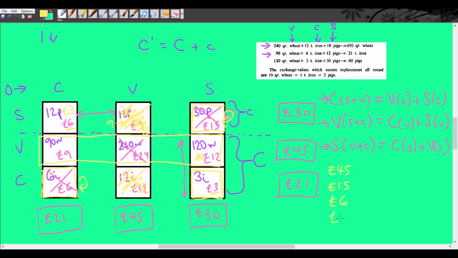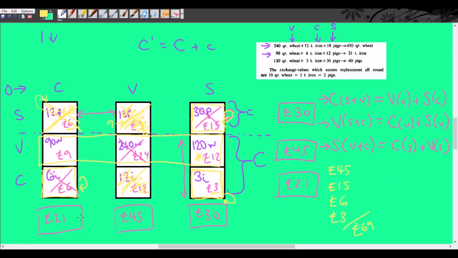So this one's going to be £3, because this and this is a duplicate, because this £3 is going to circulate between the capital of the surplus industries and the surplus of the capital industries. So here we have our total value for society, and if we total that up, that is 69.